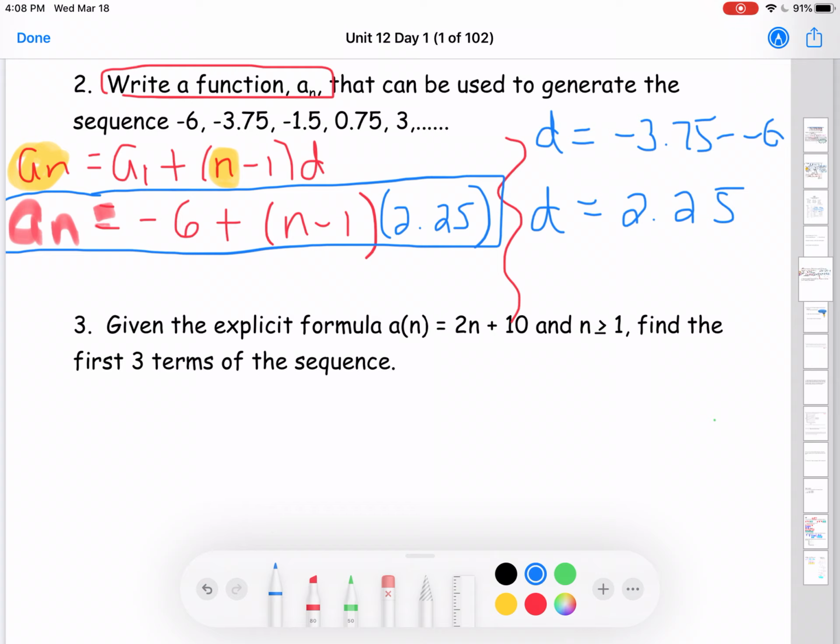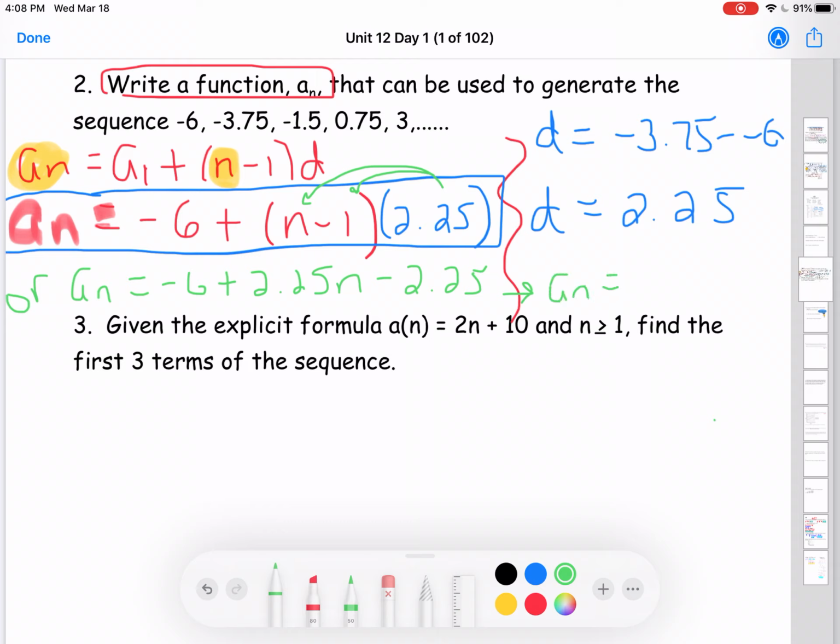Now you can leave that as the answer, but sometimes they do tell us to express it in simplest form. So if they tell us to express it in simplest form, we need to have an alternate form. So our alternate form would be using a little distributive property backwards right here. So -6 plus 2.25n minus 2.25. I'll move right over here.